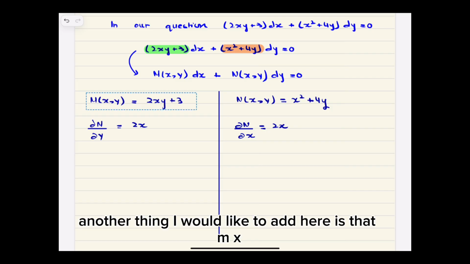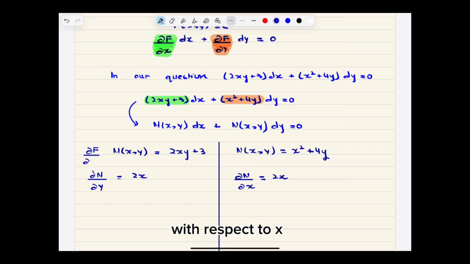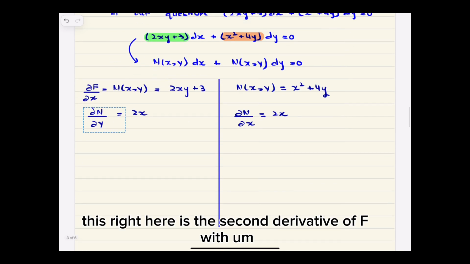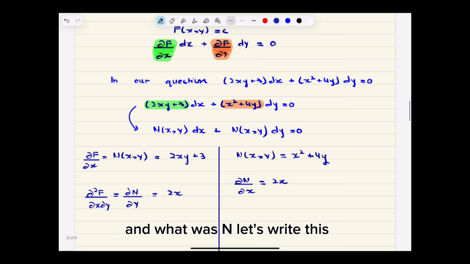Another thing I would like to add here is that M(x,y) is actually the partial derivative of our function f with respect to x. And therefore, this right here is the second derivative of f with respect to y this time. And what was N? Let's write this.